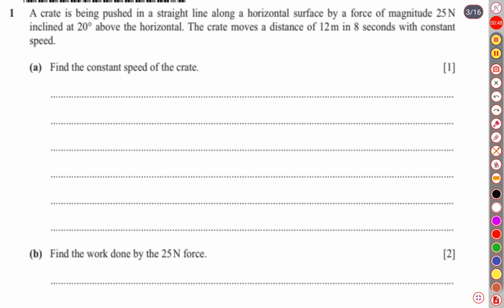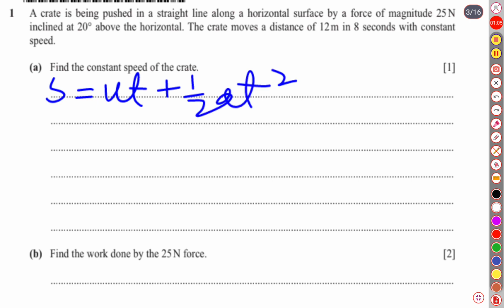So for finding speed, we usually apply the concept of the SUVAT formula. Let's write our formula: s equal to ut plus half a t square. Here s stands for displacement, which is 12, and time is 8 seconds.